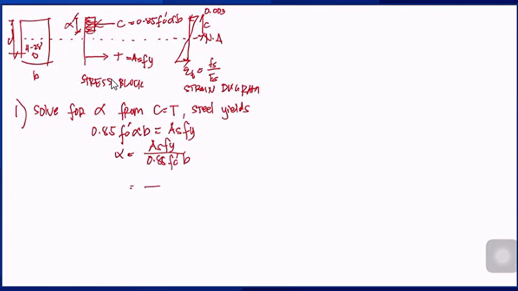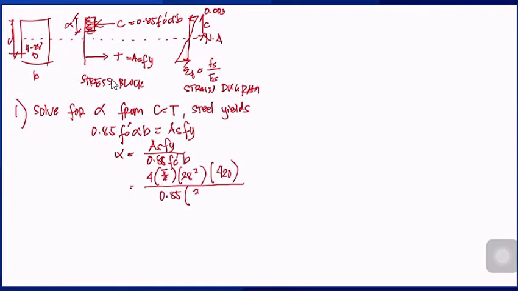So what is As? 4 times pi over 4 D squared. So yung area ng bakal, what is our Fy from the problem? This is 420. 0.85, what is Fc prime?